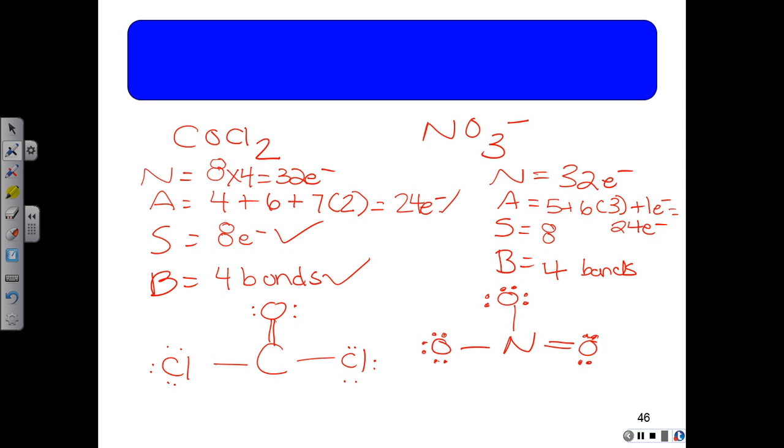How many electrons is that? 24, isn't it? We got 8 over here and 8 on each oxygen, so that's 24, and that's what we needed. Last thing though, what do we have to do? Put it in brackets and give it its charge.